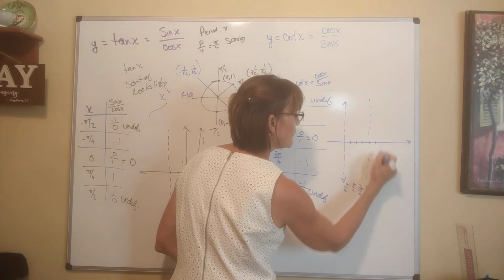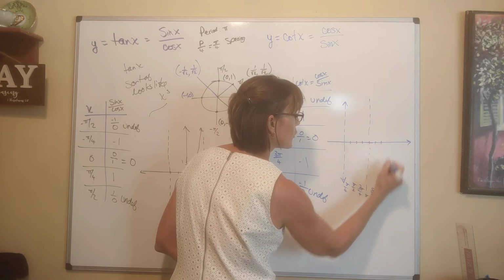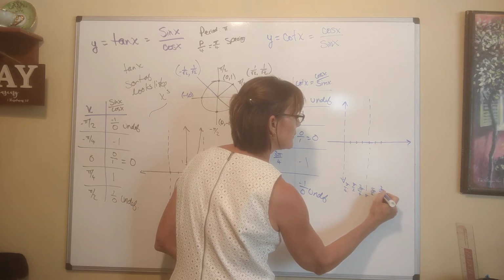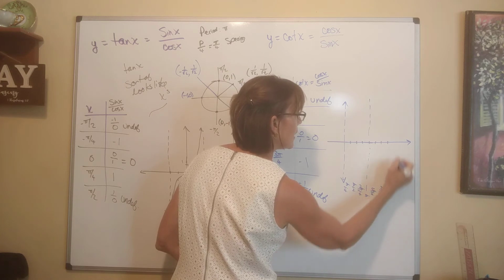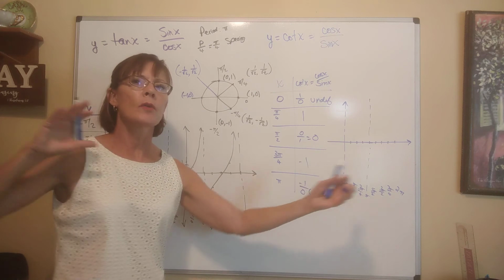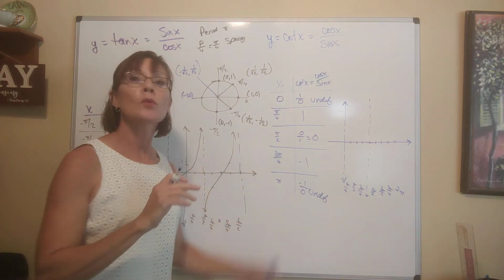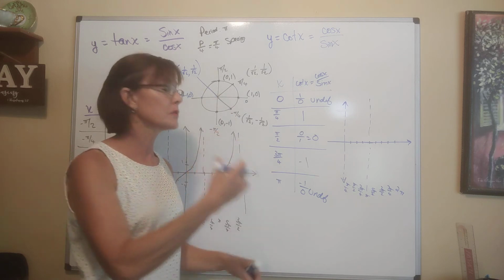Then we go 5 pi over 4, 6 pi over 4, which is really 3 pi over 2, 7 pi over 4, and then 2 pi. So remember, like with sine and cosine, it took all the way to 2 pi to get one cycle, but we'll get 2 cycles with cotangent because it only has to take pi units to repeat.